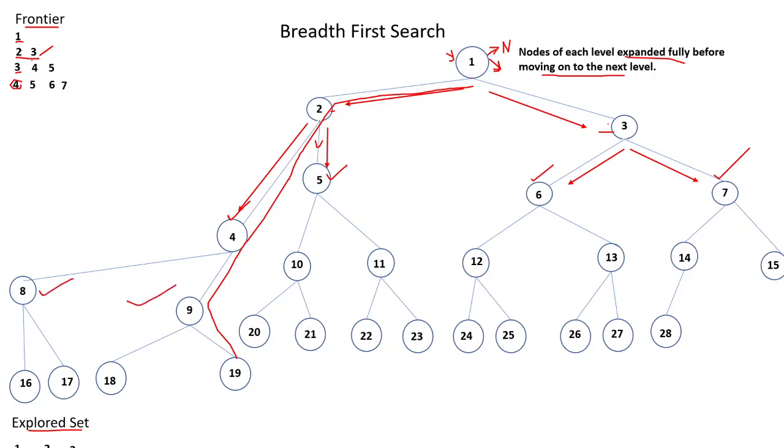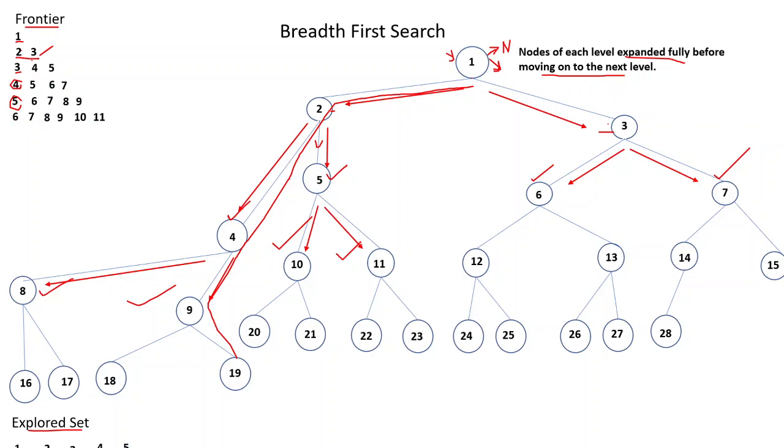So we add these two nodes to the frontier list, and we put node number 4 in the explored list. The next node to be explored is node number 5, and the direct successors of node number 5 are 10 and 11. So 10 and 11 are placed in the frontier, and 5 is moved to the explored set.